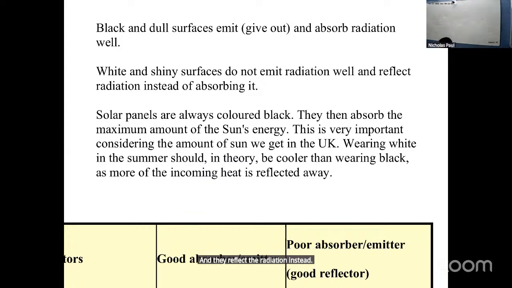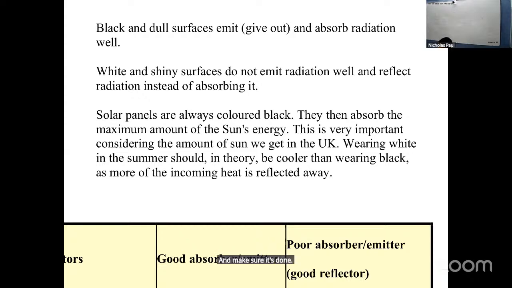All right. So if you had to paint a roof, what color would you paint a roof? Something white and shiny, to reflect the heat. And if you want to heat water, what color will you paint the tank? Black, and make sure it's dull.